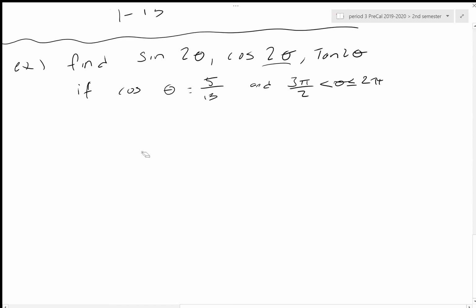We have to actually use the formulas, but before that, I need to build my triangle, and we've done this before, where if I call this theta, this is my adjacent, my opposite, and my hypotenuse, and I know cosine is adjacent over hypotenuse, so this would be 5 and this would be 13.